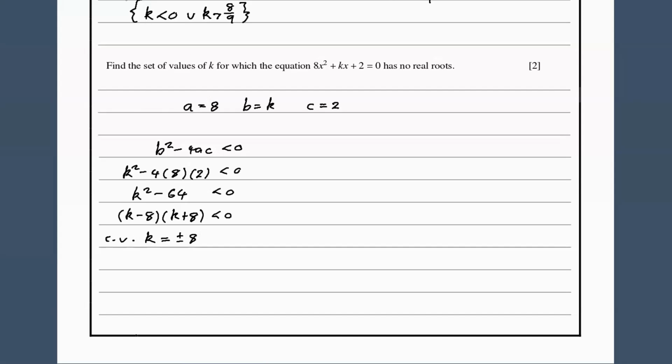So if we go to the quadratic curve to determine the solution, we'll be having something like this, and we have this to be k, and this to be minus 8, and this to be 8, and less than 0 means negative, the values that are below the x-axis, which are values of k between minus 8 and positive 8, and this is the solution right here. That's how we do it.